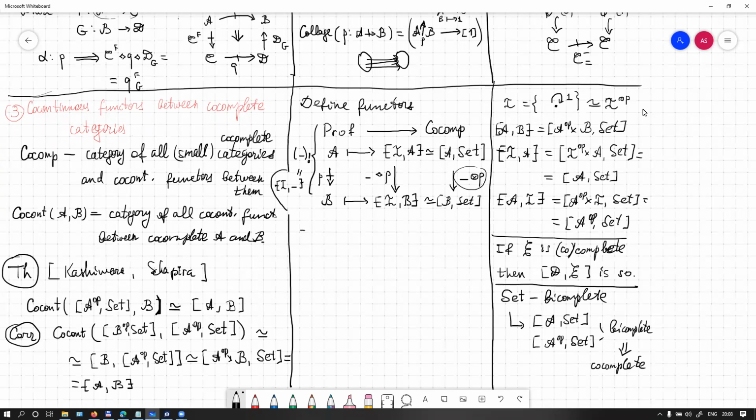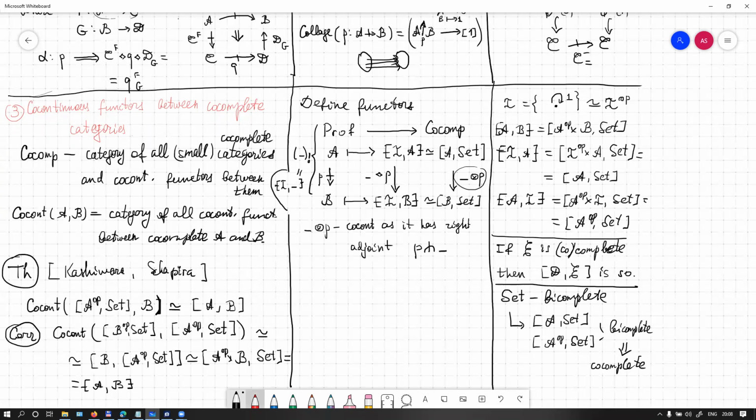Because it is co-continuous as it has a right adjoint. And the right adjoint is given by left action.